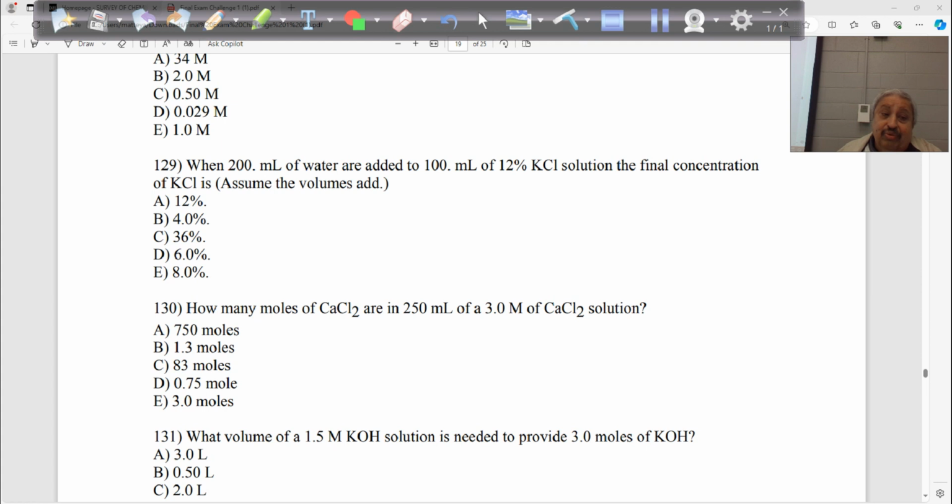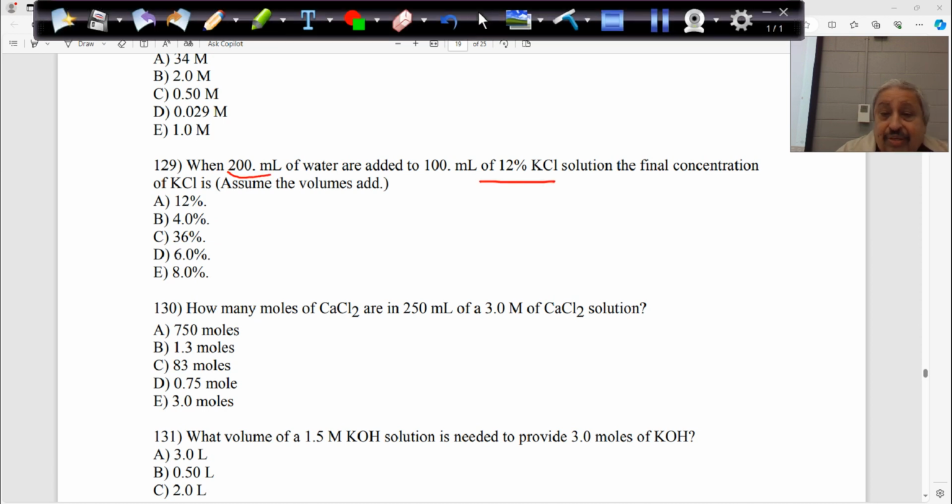So let's do 129. We have the solution is 200 mL added to 12% of potassium chloride solution. The final concentration of KCl is assumed, the volume is added, is 12%. This is a dilution law, by the way.